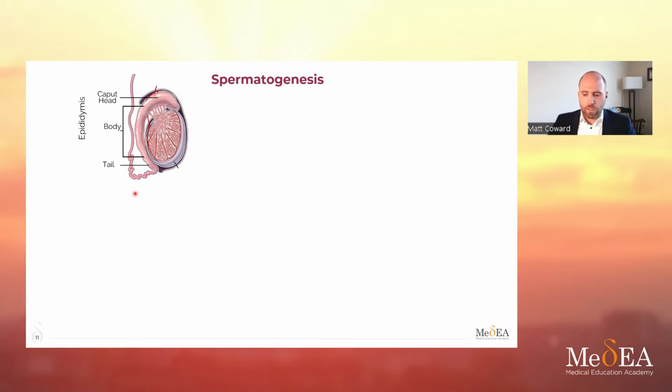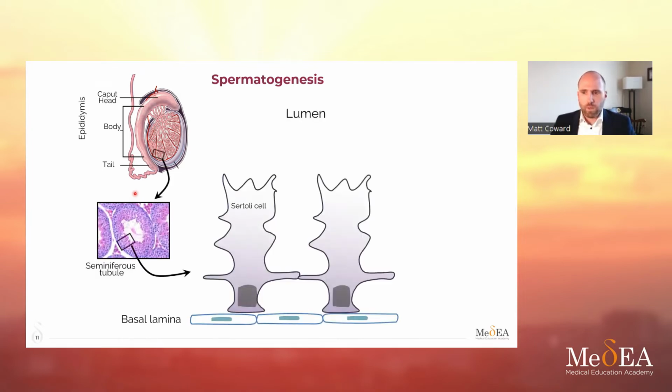Here is an expanded diagram of a seminiferous tubule showing the Sertoli cell and the developing germ cells. The spermatogonia are here at the bottom, at the basement membrane. These are the stem cells, and they're at the base of the tubule.